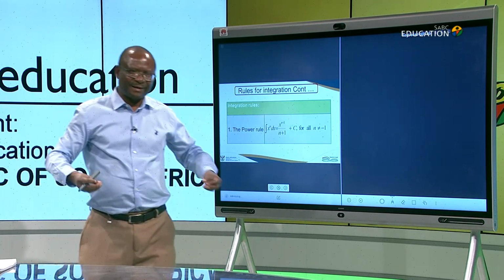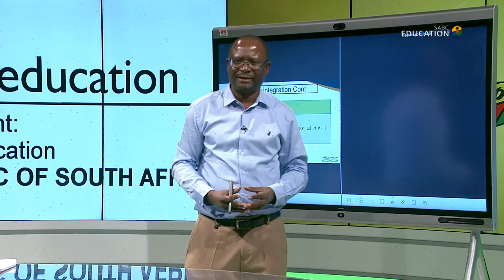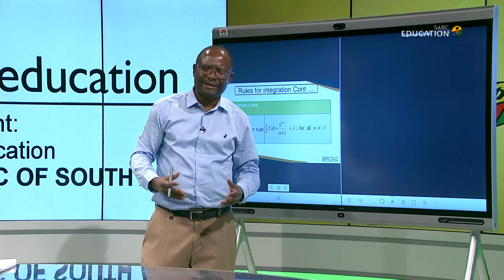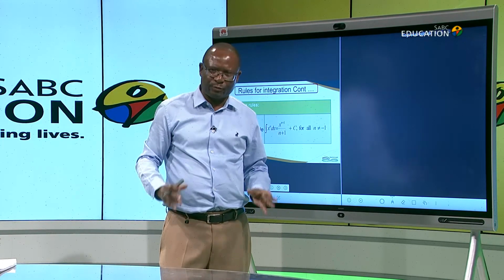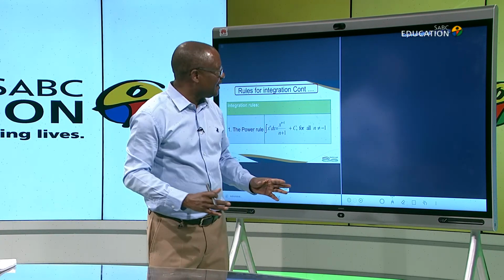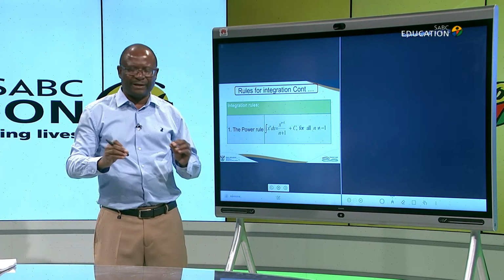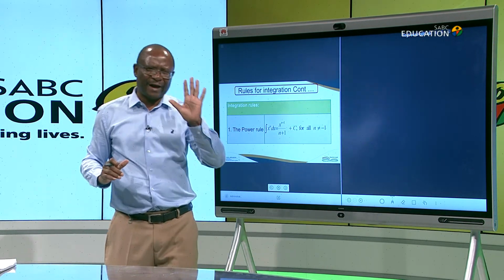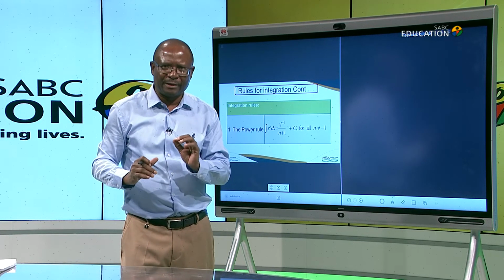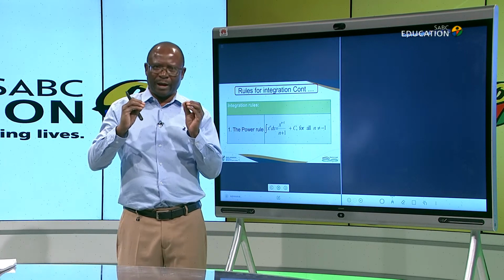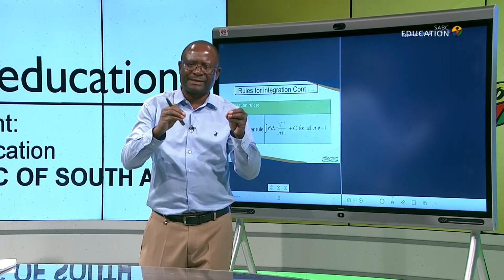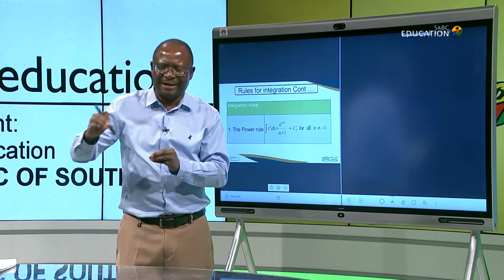Now, let's come to the core lesson of this integration. In order for you to understand, each house has its own rules that we need to follow. Here on the indefinite integral, we have 5 basic rules that we are going to focus on. There might be many, but here we are going to focus on what is prescribed in our examination guideline and our CAPS document.